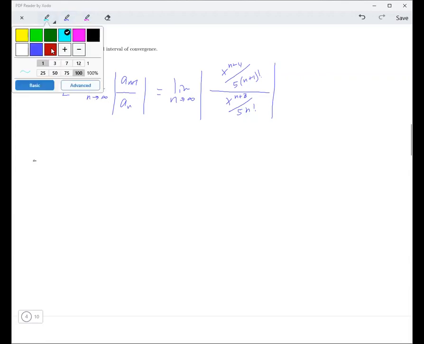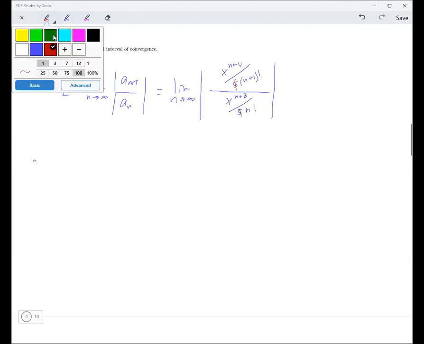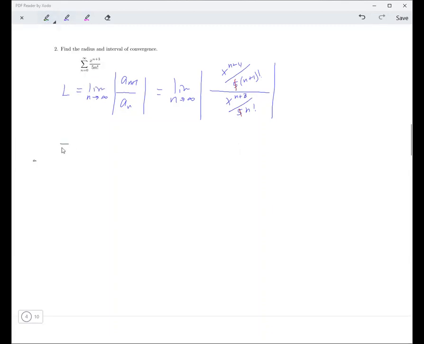Okay, so now a few things cancel, like these 5s are going to cancel or reduce. And this, n plus 4 minus n plus 3 is just 1, so x to the 1. That's going to be this.